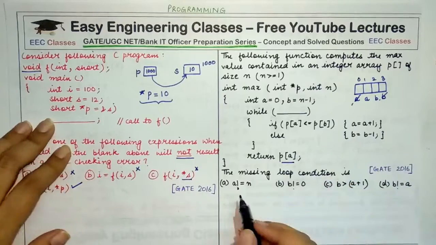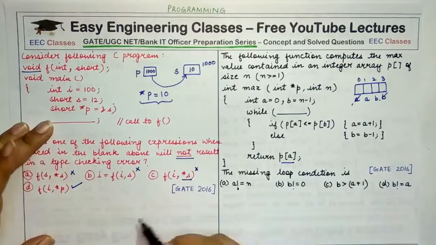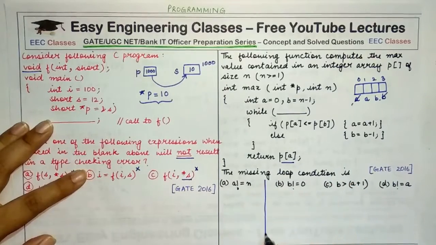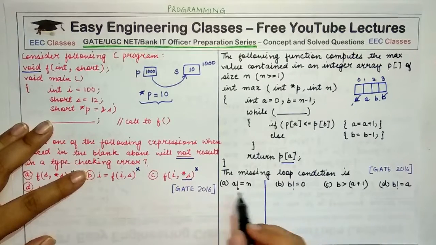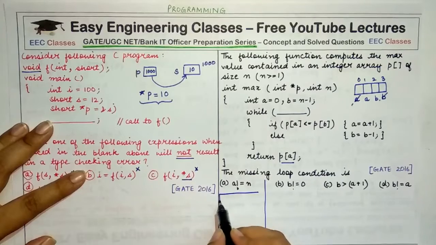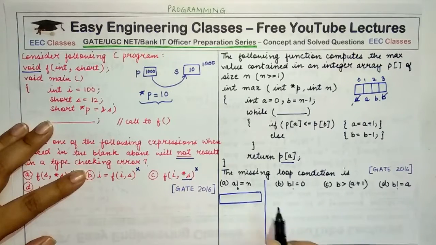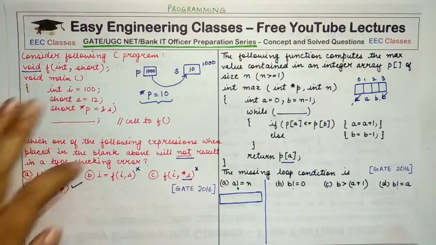Okay, so now considering all the options one by one, just like we did here, if we put the condition a not equal to n, we'll use a dummy array to illustrate if these conditions are right or not.